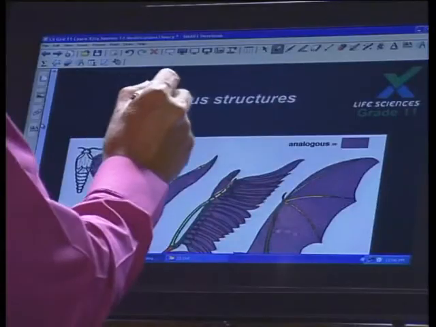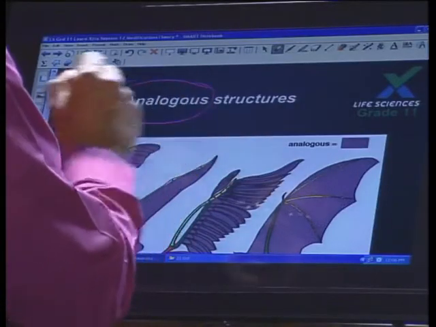So you can see it has a common ancestor, but in other words, the fundamental structure is the same, but the function is different. Horse runs on land, your bat, of course, flies in the air, so the environments are different, and because of that, there were adaptations. In this case, we are now talking about analogous structures.